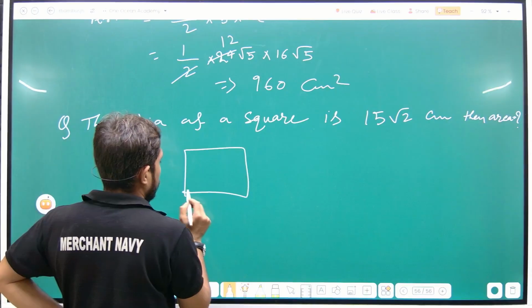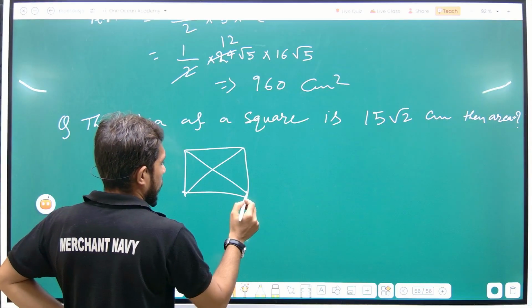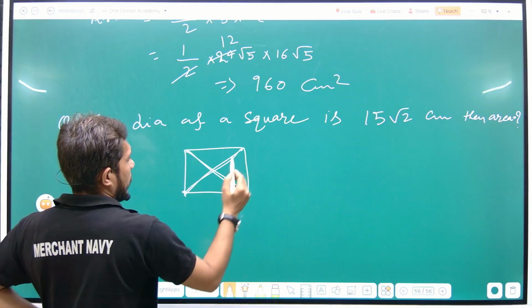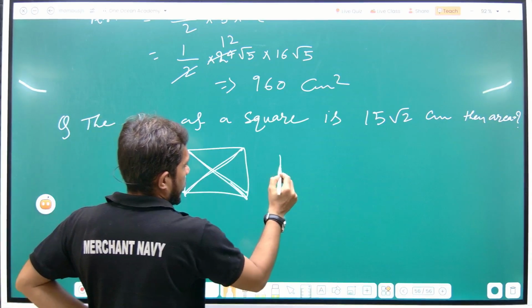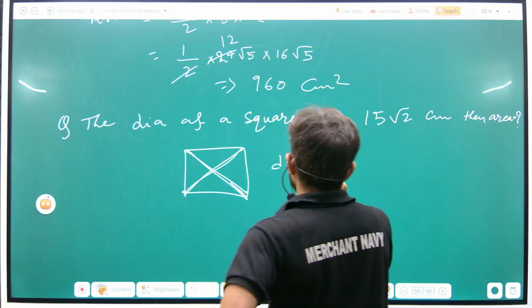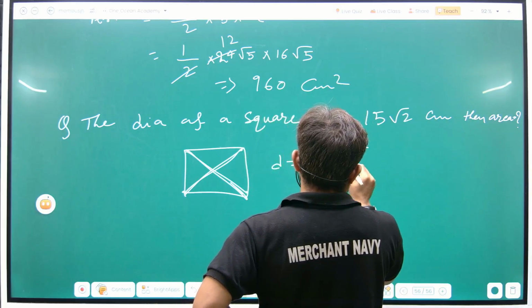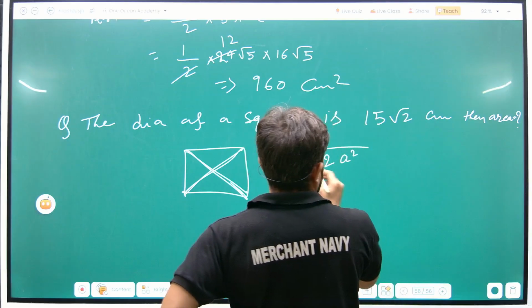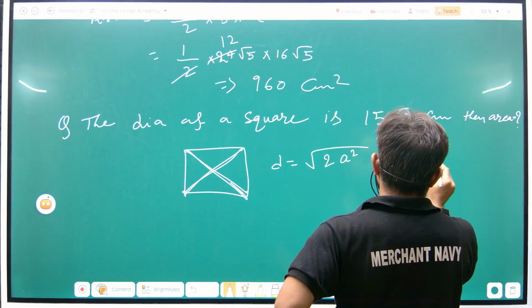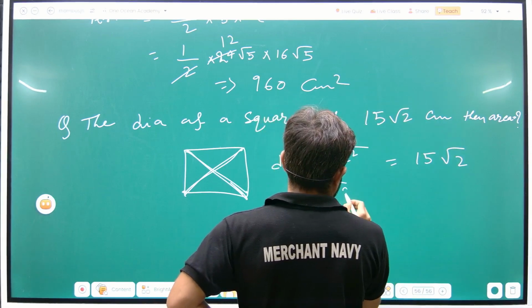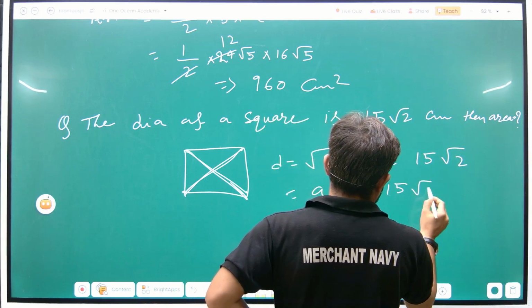So this is a diagonal, this is a diagonal. Diagonal means what? D of a square is equal to root under a square plus a square, so root under 2a square. Now d is equal to d, so you will get a root 2 is equal to 15 root 2.